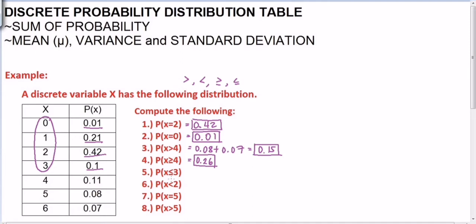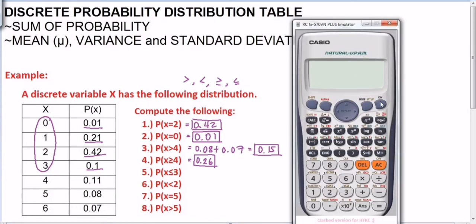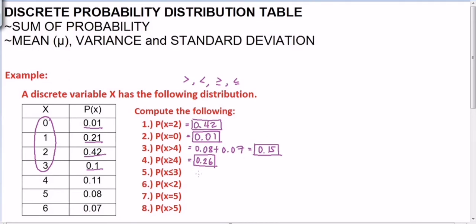Pag sinabi natin less than, mas maliit. And since may equal sign tayo, kasama mismo si 3. Okay, so add natin yan. So we will have 0.01 plus 0.21 plus 0.42 plus 0.1. So equal. So the answer is 0.74. So ang sagot natin dito, guys, is 0.74.